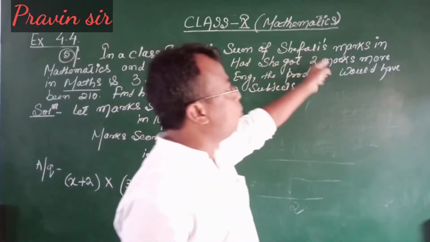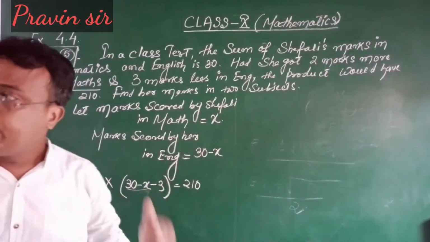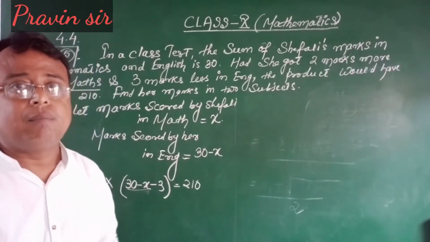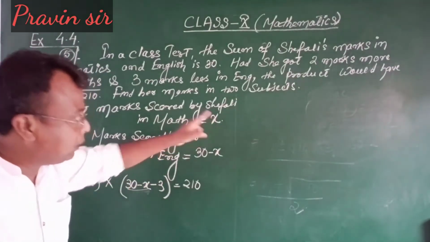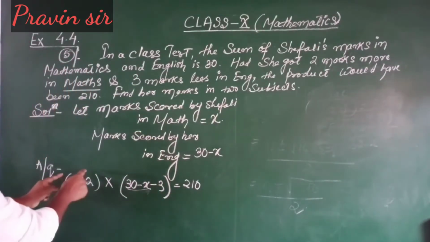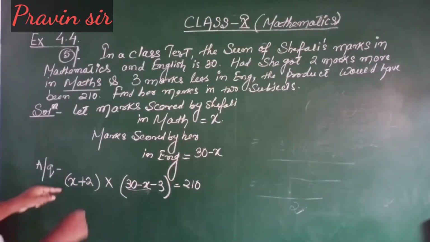Again I am going to explain this part. Had she got 2 marks more in maths, if she scored 2 marks more in mathematics, what was her marks in mathematics? It is x. She gets 2 marks more, so I can write x plus 2. More means plus, less means minus, you know already.